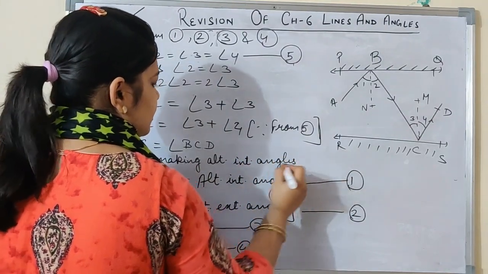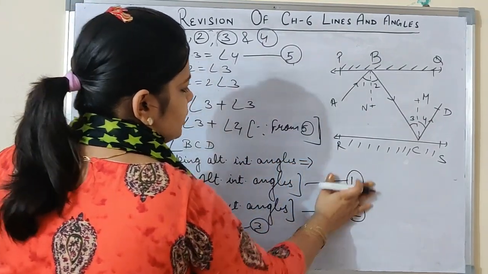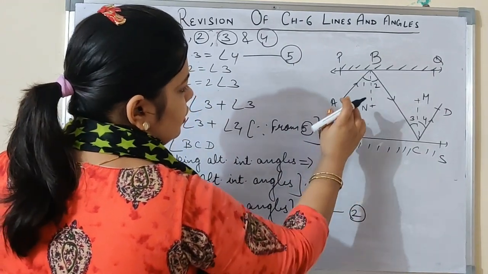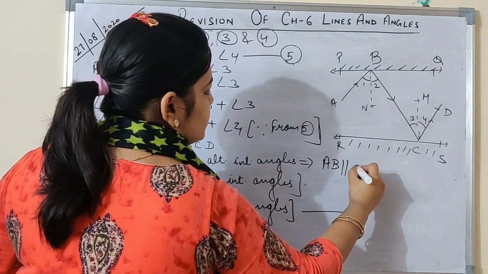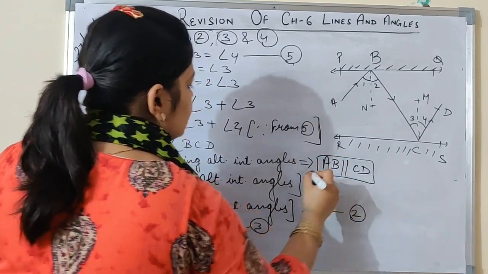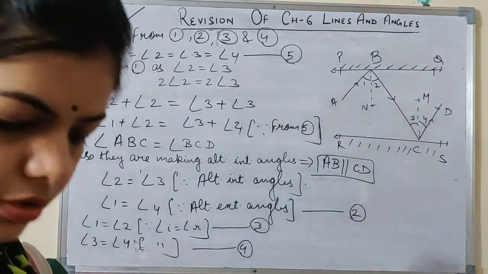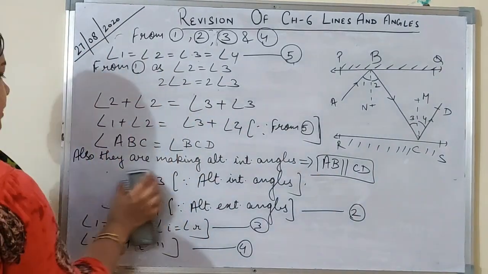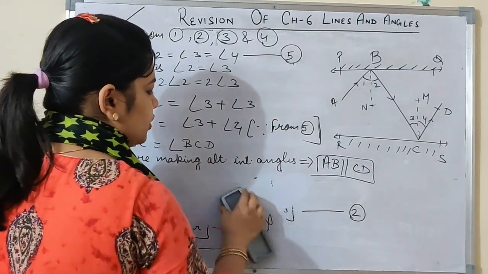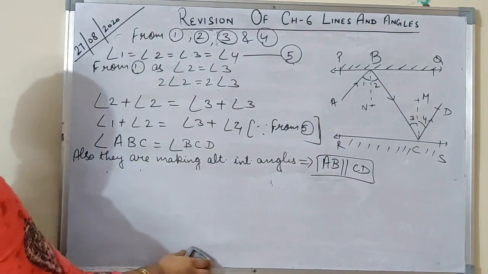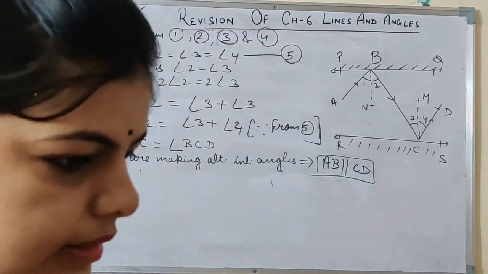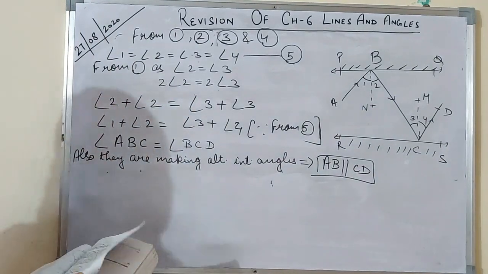So this implies that AB is parallel to CD. Okay, this is what we had to prove. I think this question is clear to all of you now. Okay, then come to the next question.